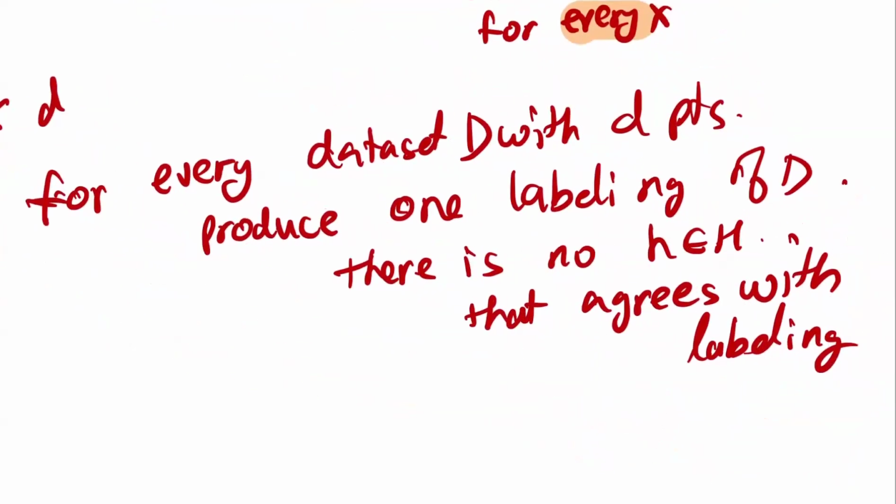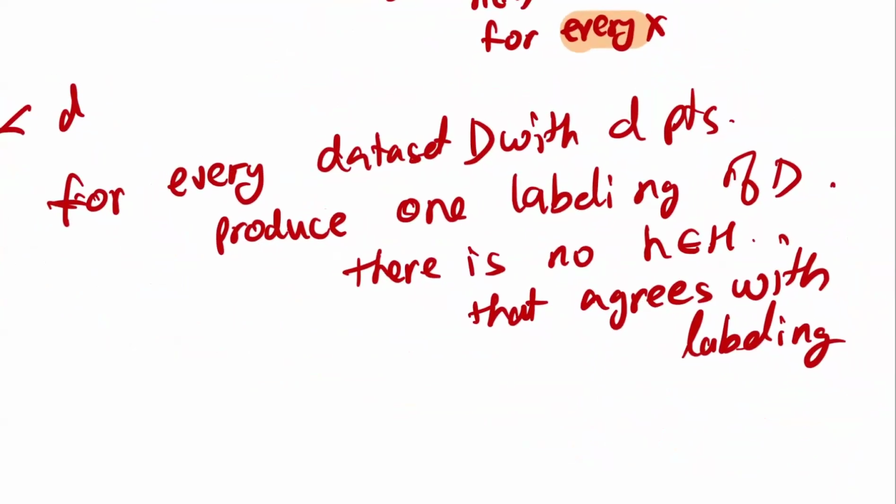Let me zoom in, in the hope that it's easier. So for every data set with D points, I need to produce one labeling for that data set such that my classifier cannot match that labeling.